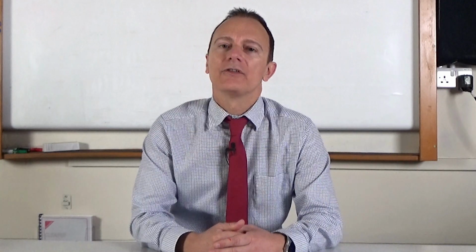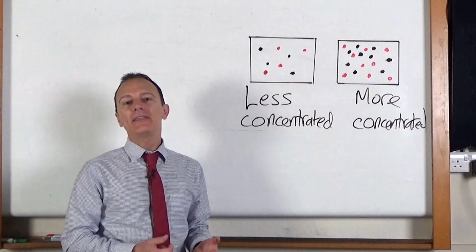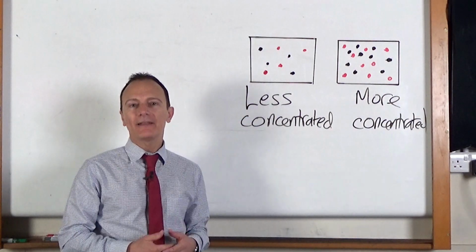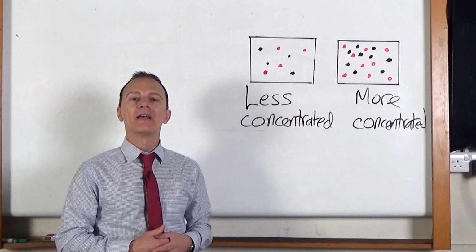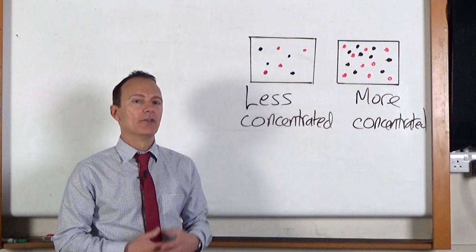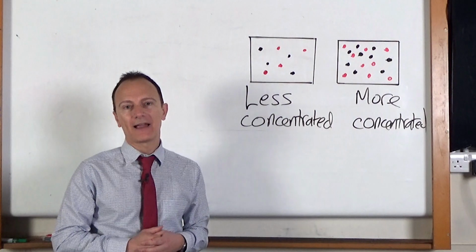The required practical for this topic is talking about an experiment you could use to investigate how concentration affects the rate of reaction. In this required practical, you're expected to come up with a hypothesis based on collision theory. So your hypothesis could go something like this.